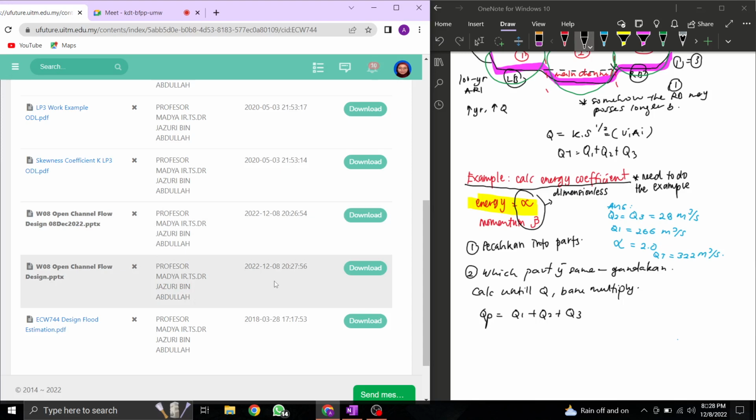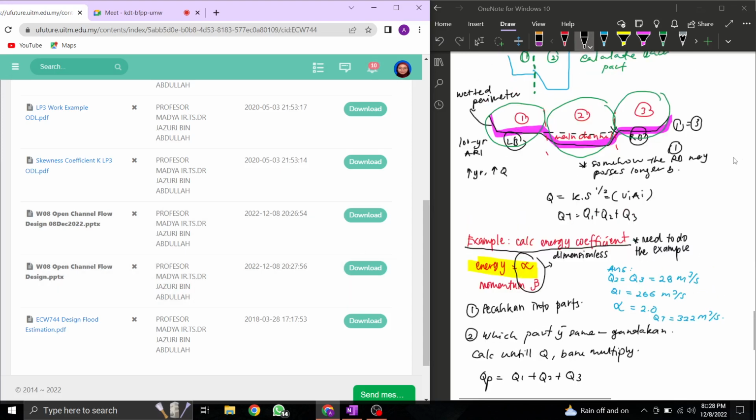Ada apa soalan lagi ke? Lepas ni saya nak bagi you masa untuk tengok balik slide saya tu supaya you nampak apa yang you perlu buat.